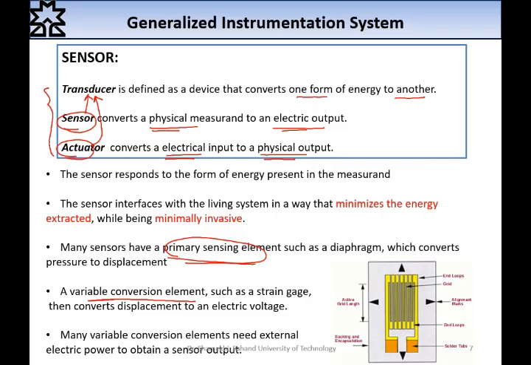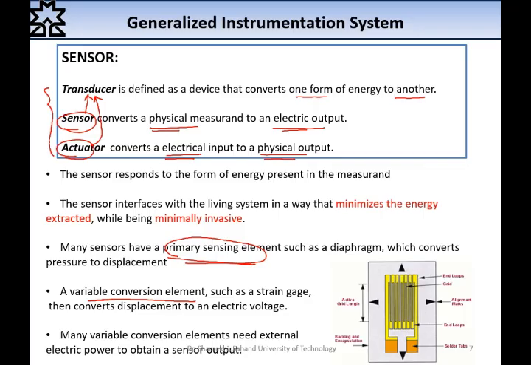Compatible in impedance, compatible in size, compatible in invasive or non-invasive situations, or biocompatibility problems, issues.